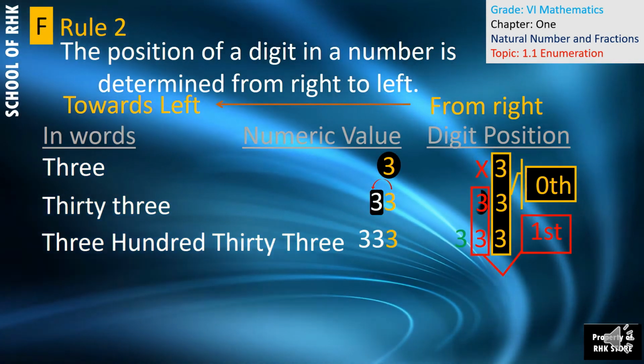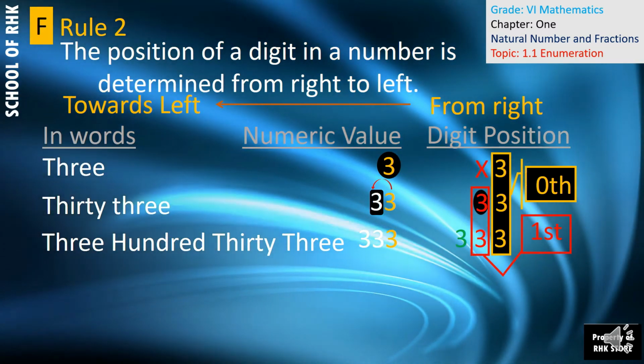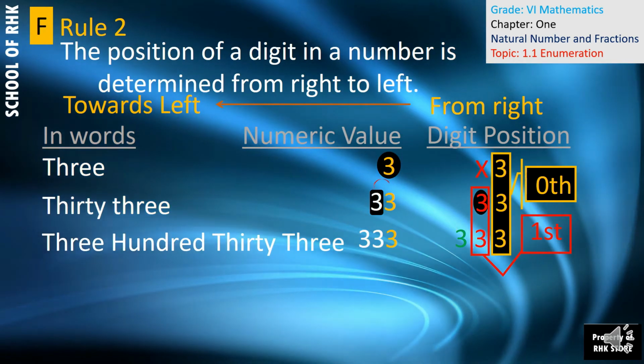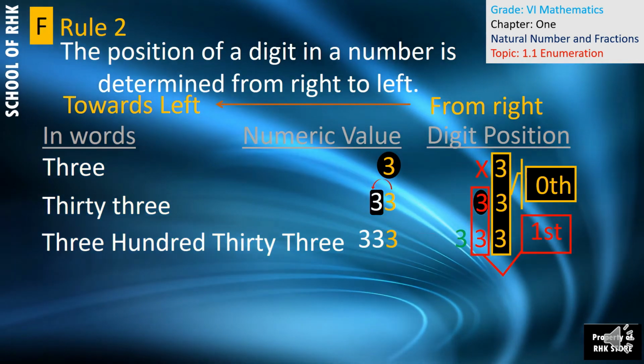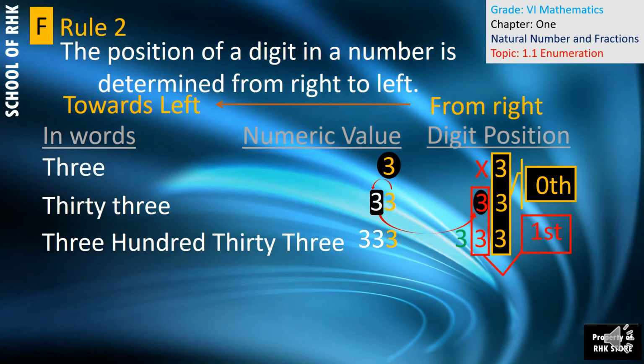It is marked in red color, considering the 0th or extreme right digit of the number 33. This position of the digit on the left is first.